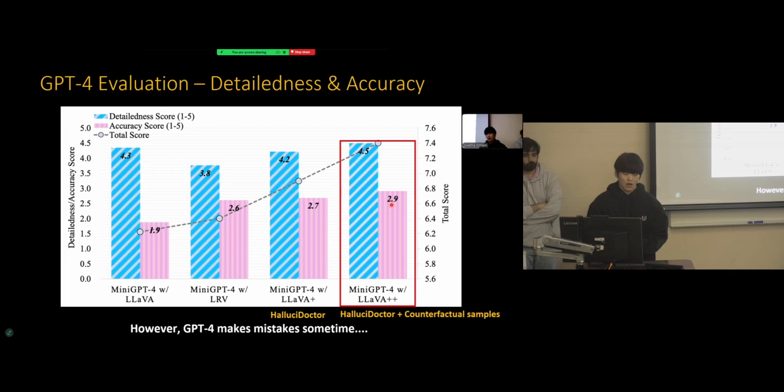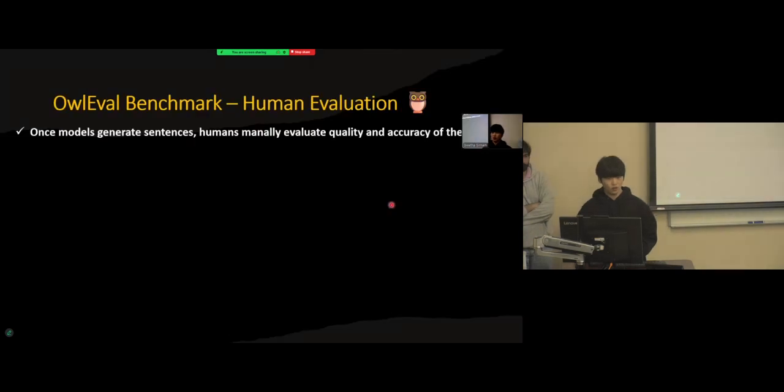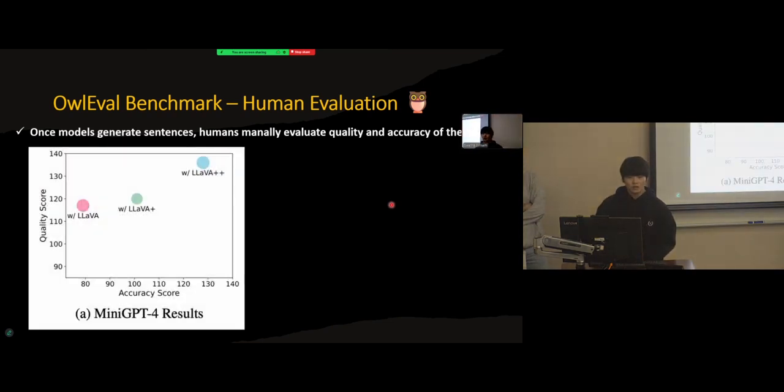However, AI models like GPT can make a lot of mistakes sometimes. So they extended their experiment to the OR-Bench benchmark, which is a human-related evaluation, which means once the model generates the sentence, humans manually evaluate the quality and accuracy score. So you can see the graph.